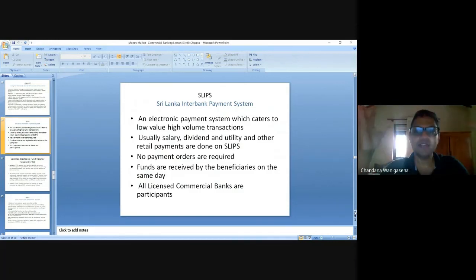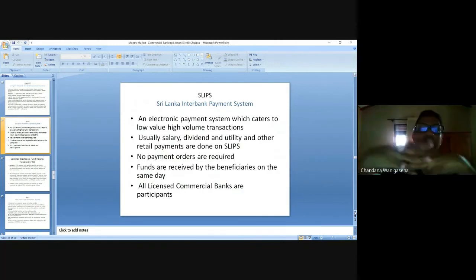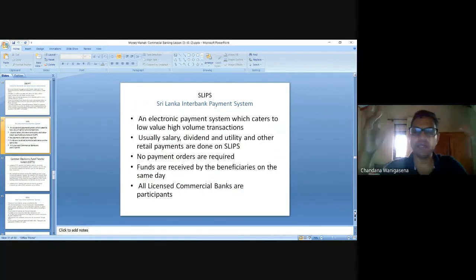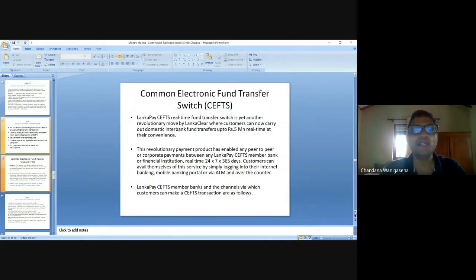Salaries of big companies and corporates are paid through SLIPS transactions. Even teacher salaries through the education department, the government and big factories are transferred through SLIPS. That is available through all commercial banks. SEFT is again real time. For SLIPS, to effect a transaction you need to do it within the day before 10:30.